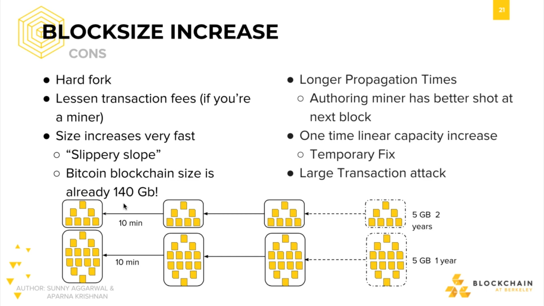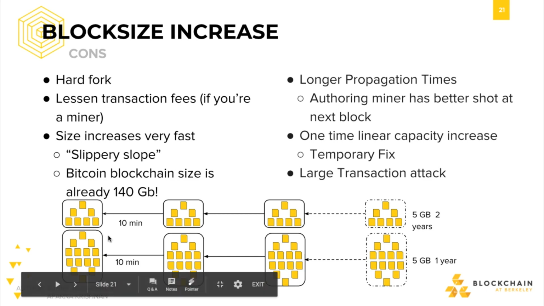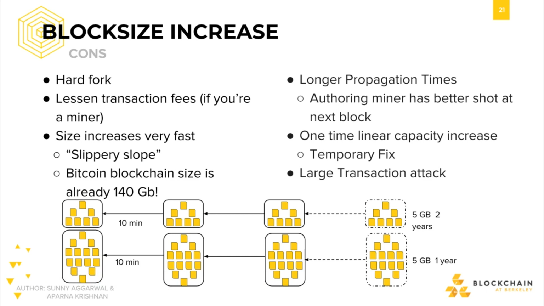The Bitcoin blockchain is already 140 gigabytes long. If you implement, say, a 2x increase in block size, sure, maybe you'll accommodate more transactions, but now you've gone from 3.2 transactions per second to 6.4. Visa is still doing 56,000. How do we get there?